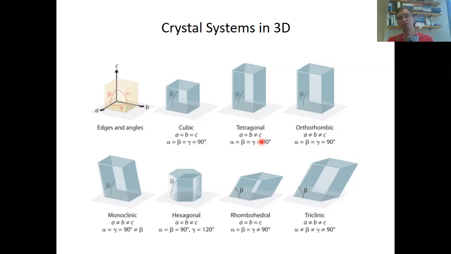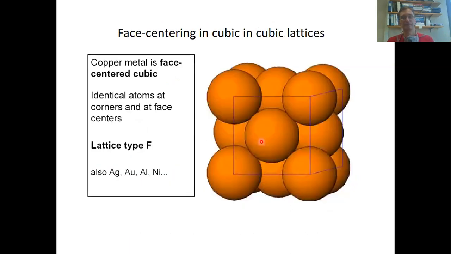So let us go through the crystal systems step by step and see what possibilities we have to center the unit cells. Okay, let's go to the cubic system first. So the first possibility is to face center the cubic unit cell.